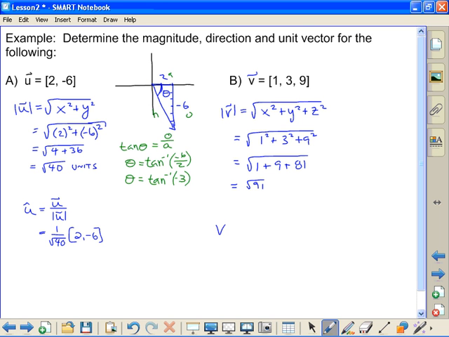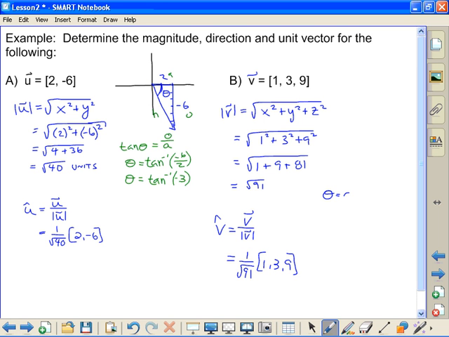The unit vector of V is the V vector over magnitude of V. So 1 over root 91 multiplied by <1, 3, 9>. So there's the unit vector. And direction for a 3D vector, this is where you use your directional cosines.